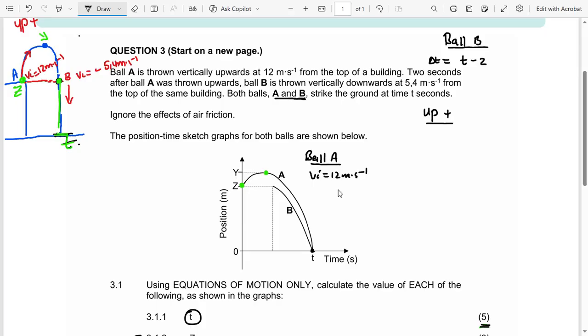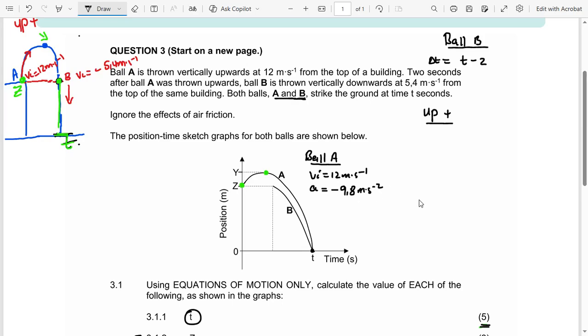We know that ball A will have the acceleration which acts down. It's 9.8, but it's negative because the acceleration always goes down, meters per second squared. And what else do we know from the statement? Nothing else. This is what we know about ball A.